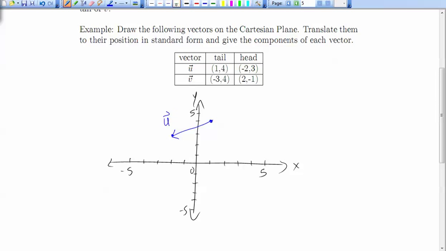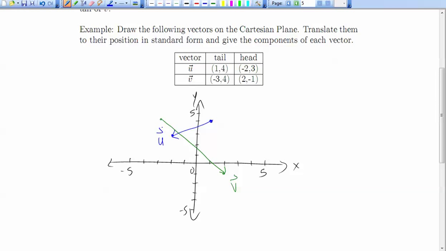Now my vector v has its tail at -3, 4, so right there, and it has its head at 2, -1, right there. Okay. Now, I'd like to put those vectors in standard position so that I can write their algebraic components.